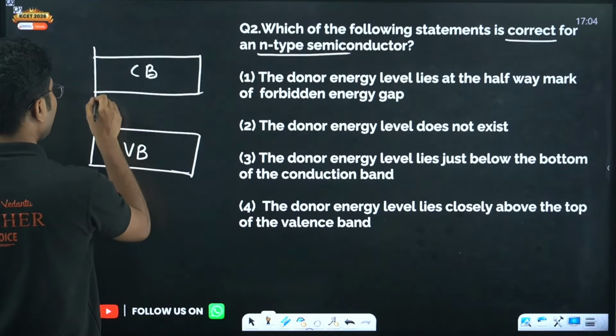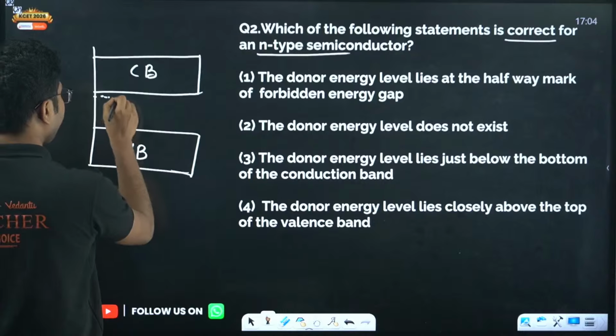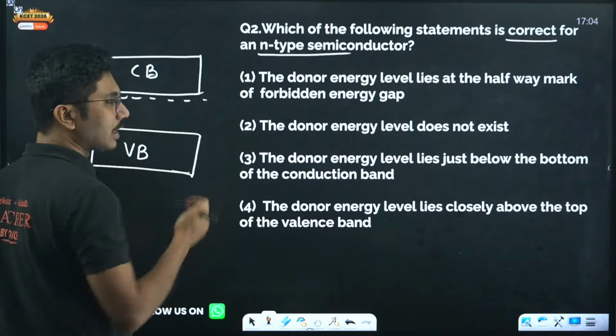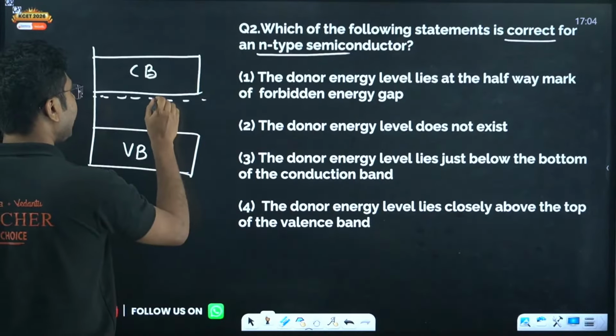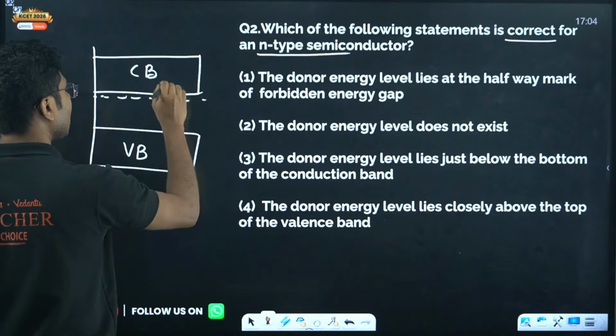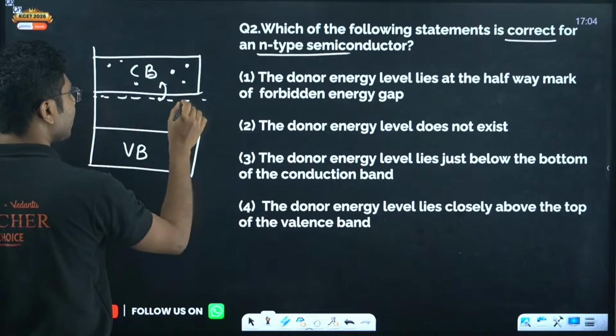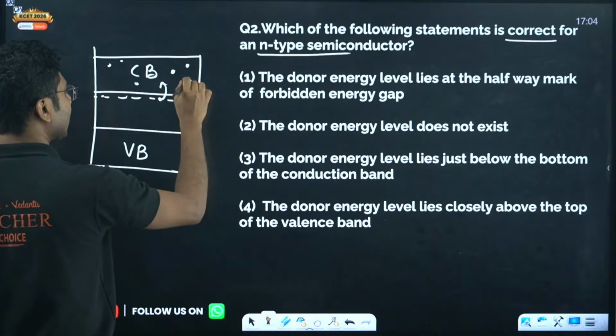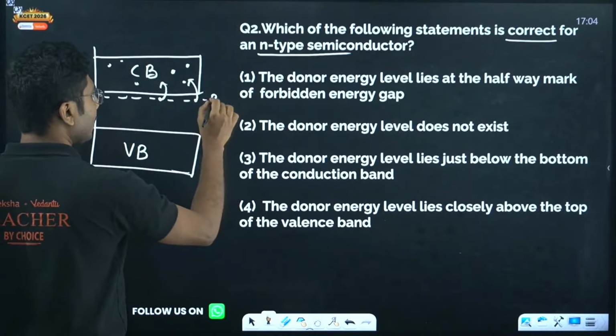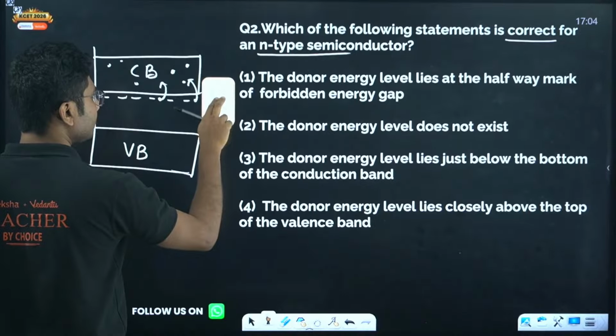Now the donor energy level is located just below the conduction band, so that it can donate electrons into the conduction band. The conduction band has electrons, and these electrons come from the donor level.